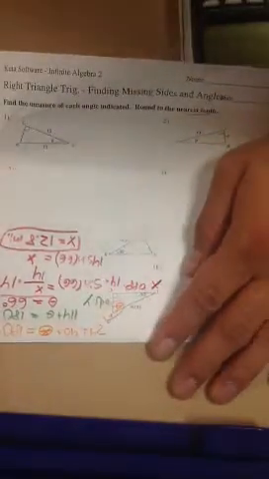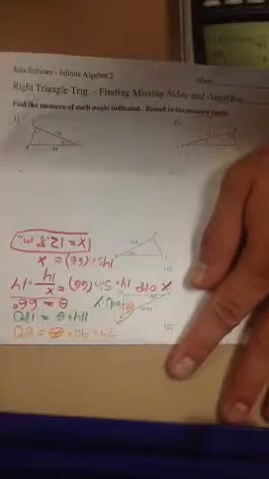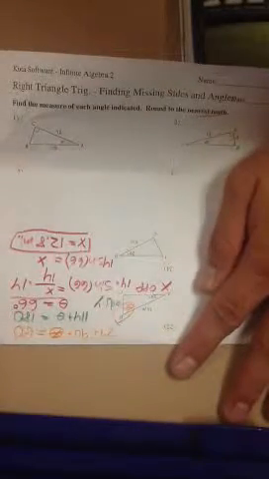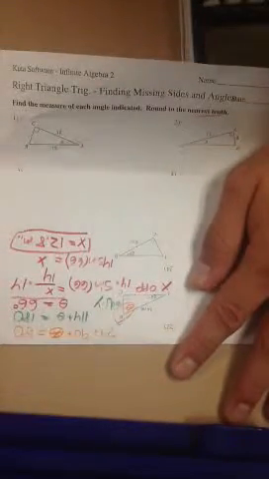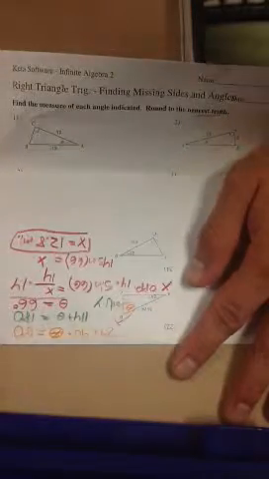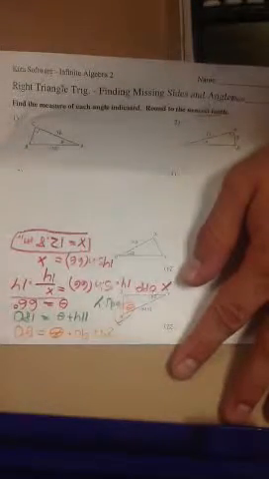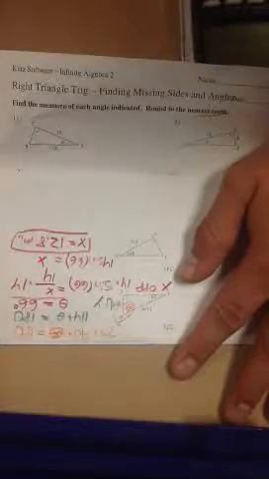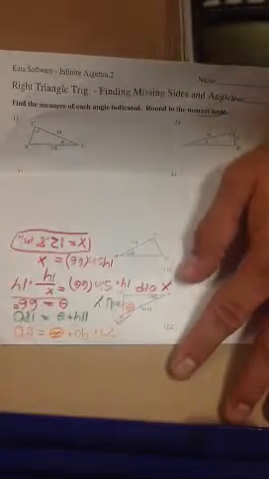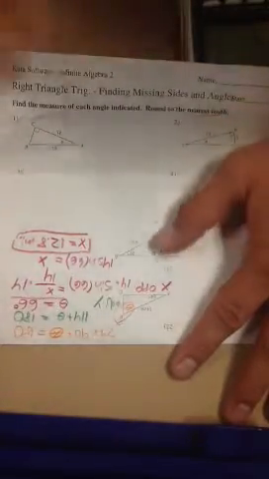Now there's two options you can use here. You can go ahead and use the Pythagorean theorem, or we can use another trigonometric ratio. Since you have had a lot of practice with trigonometric ratios already, I'm going to use a trigonometric ratio. Let's use cosine to solve for y.